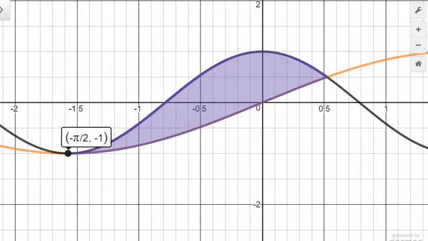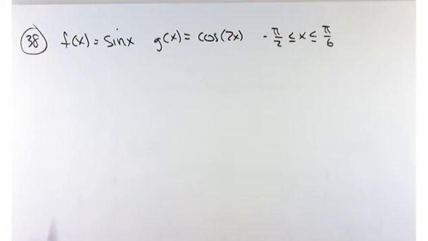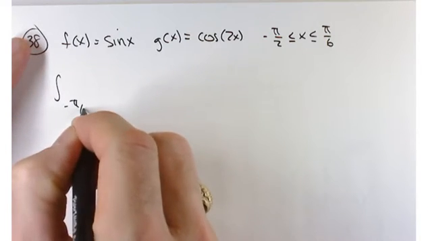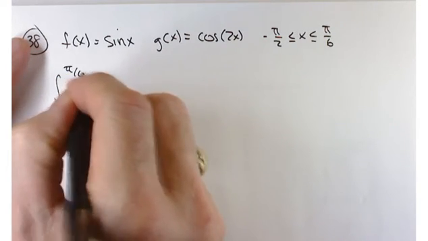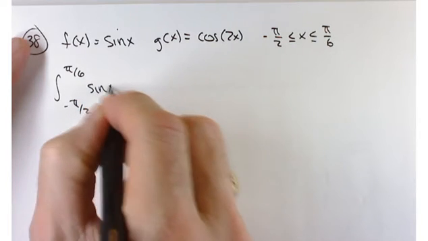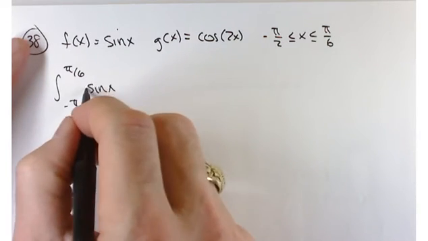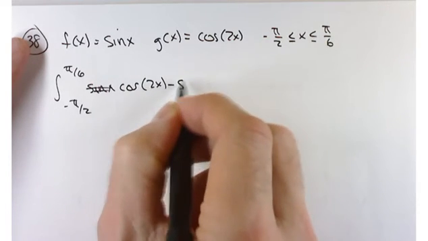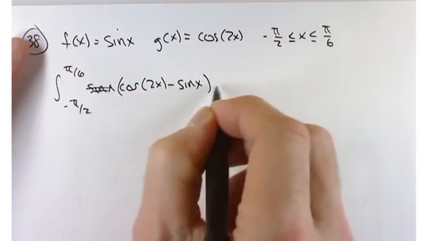But back to the actual integration, we're going to integrate from negative pi over 2 to pi over 6 of cosine of 2x minus sine of x dx.